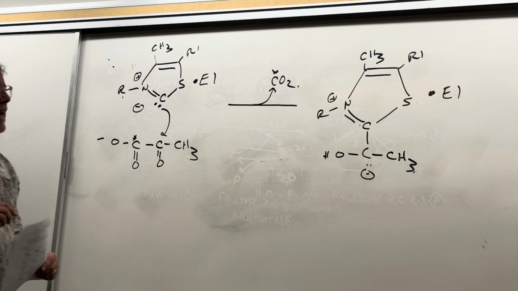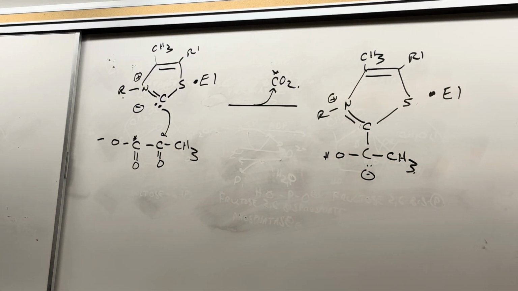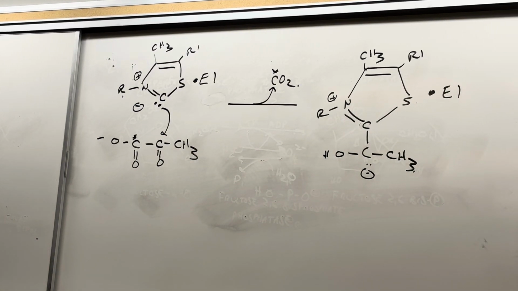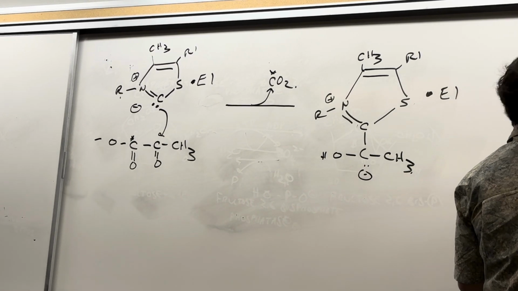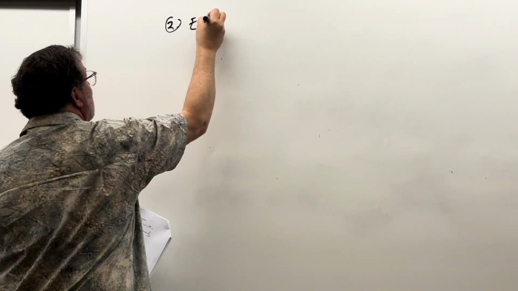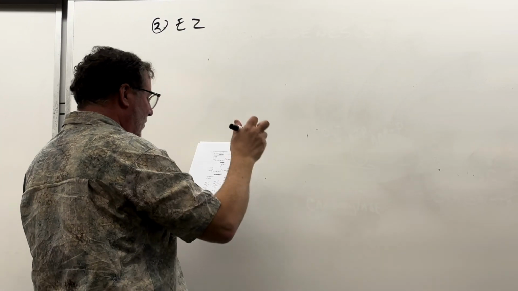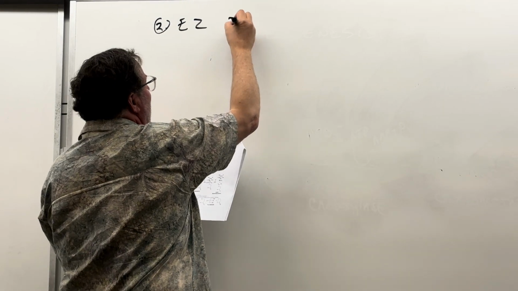All right, so now, again, there are three components, E1, E2, E3. So now we're going to get to E2, which is also known as dihydrolipoyl transacetylase. Whew.